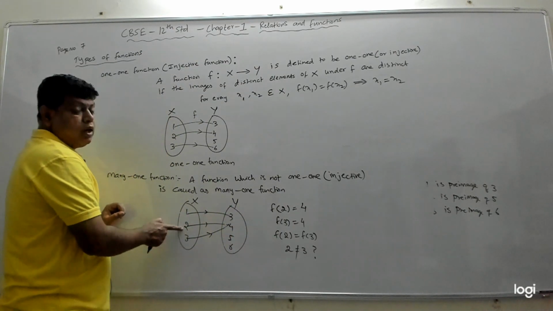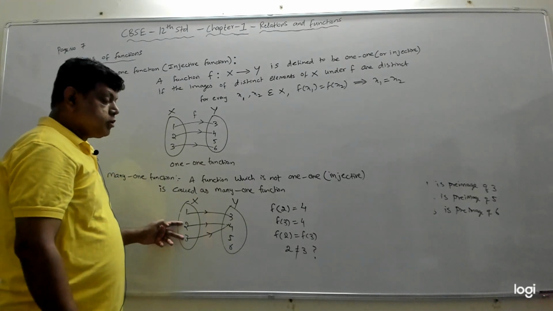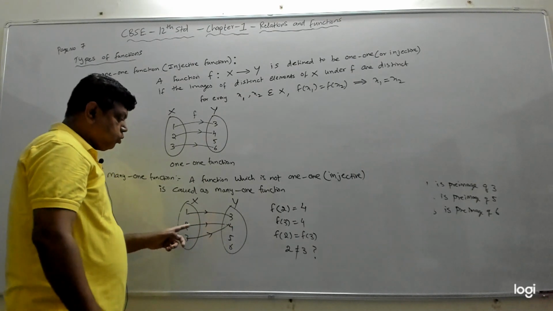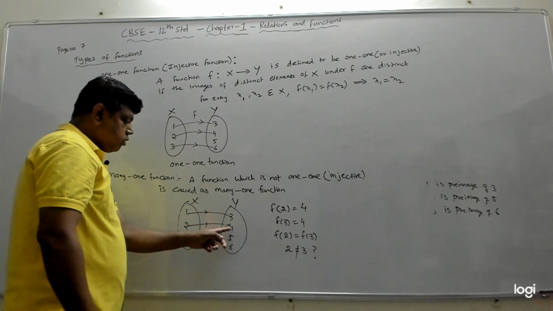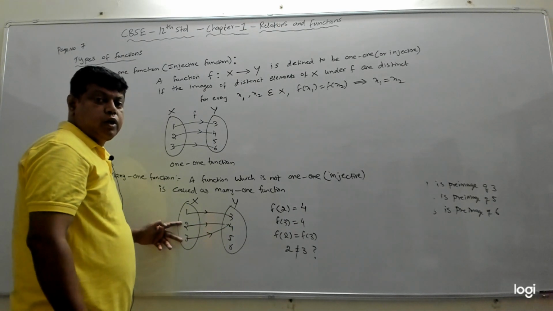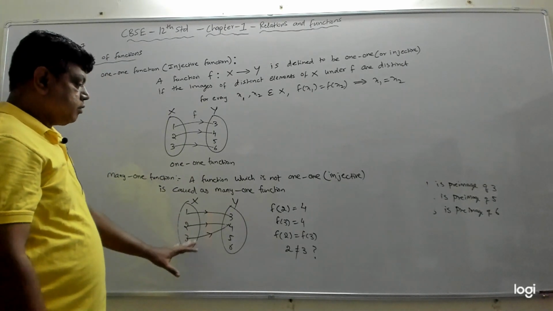These 2 elements also should be the same. Then it is one to one. Here it is not the same because 4 is the image of 2, and 4 is the image of 3 also. But 2 and 3 are not equal. Therefore, it is not a one to one function.